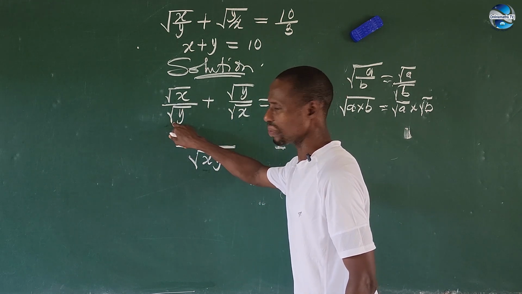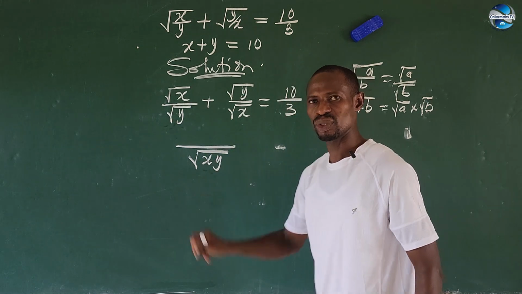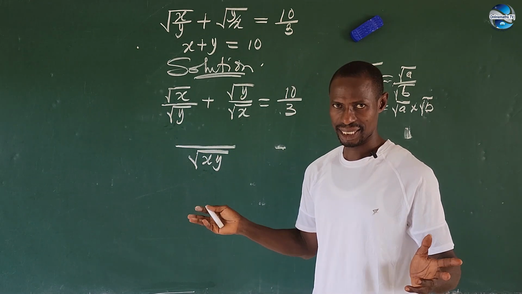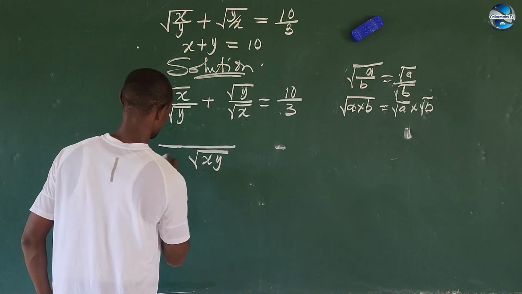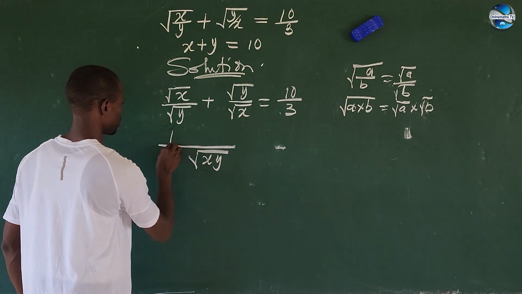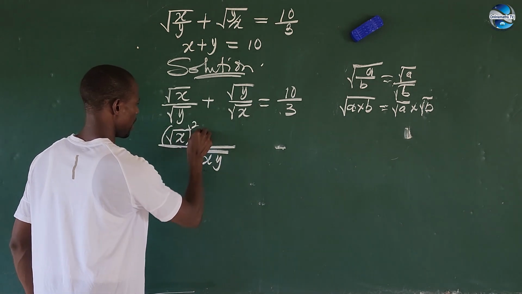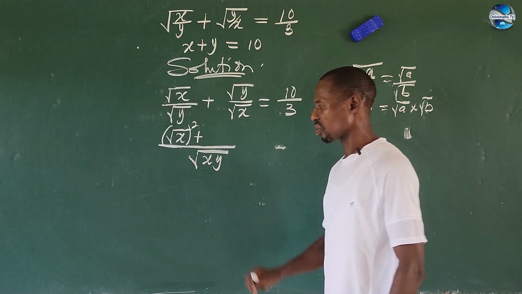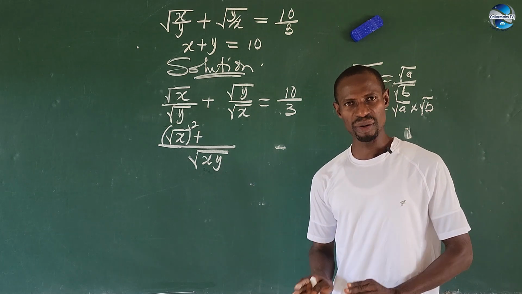Now we use the square root of this xy. So we take this denominator here to divide this. If we use this to divide this, we are left with the square root of x. We use it to multiply the numerator. And so this is going to give us the square root of x all to the power of 2 there, plus. So if you use the square root of x to divide the square root of xy, we'll be left with the square root of y.